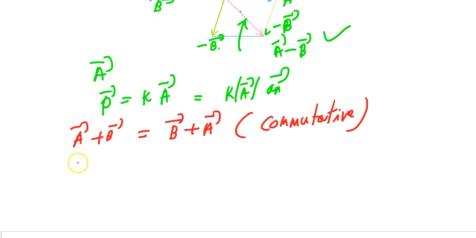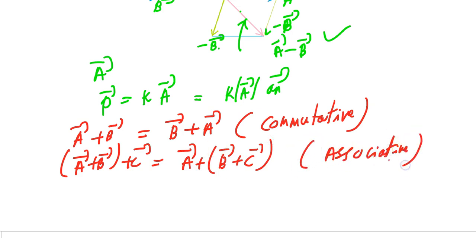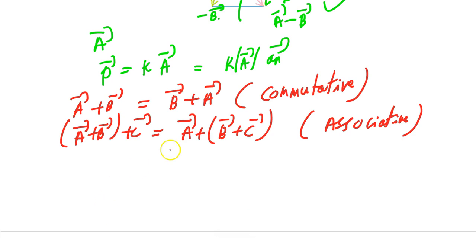Vector addition is associative. And vector addition is distributive over a scalar, like k is a scalar, k(A plus B) is equal to kA plus kB.